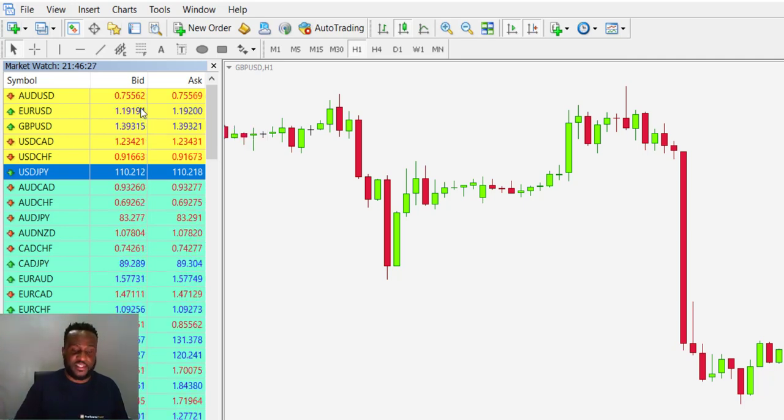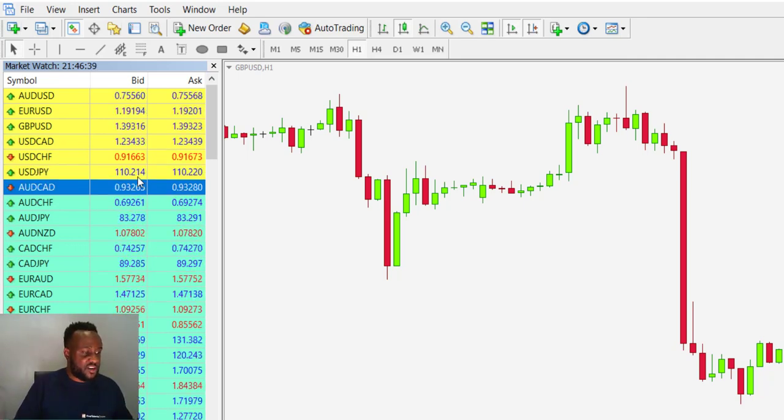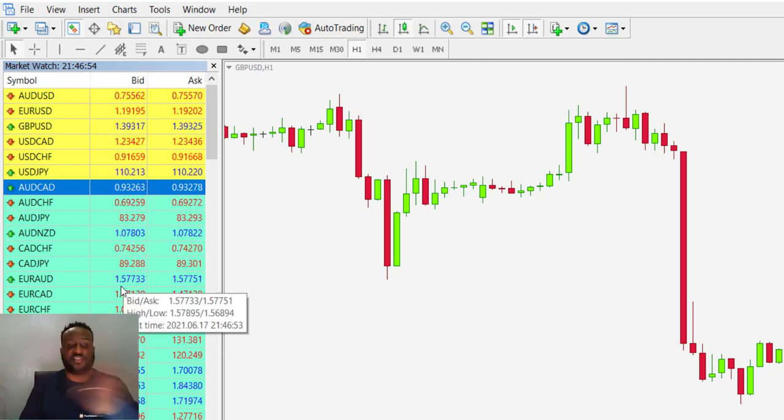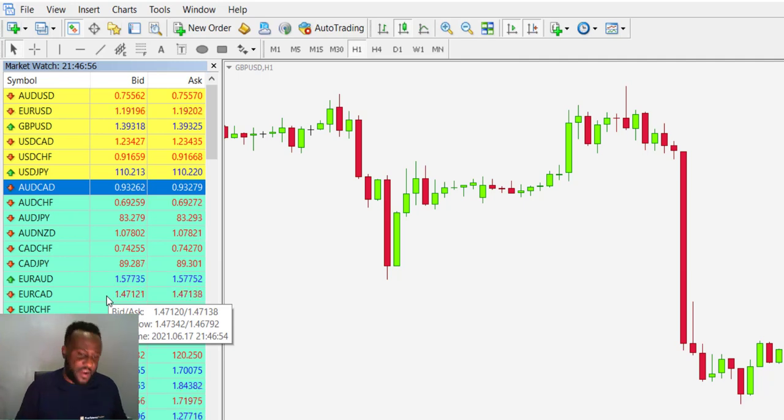And pips are calculated, for the non-JPY, based on the 4th decimal place. And for the JPY pairs, the pip is calculated from the 2nd decimal place, because back in the day, JPY pairs used to have only 2 decimal places. Now we have 1/10 of a pip, which is what makes it 5 decimal places.